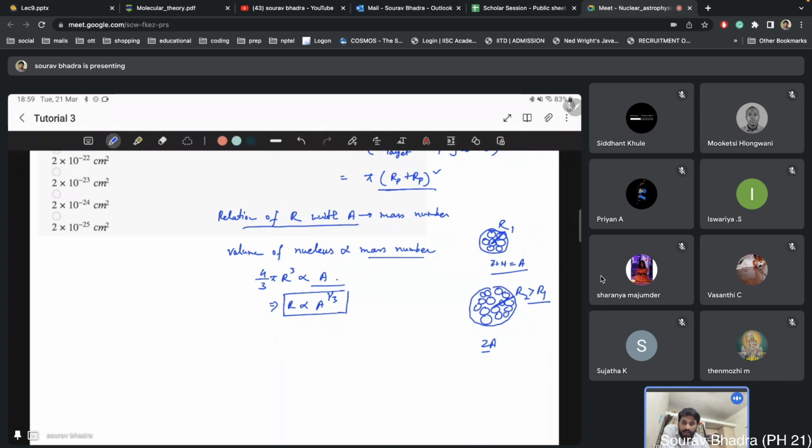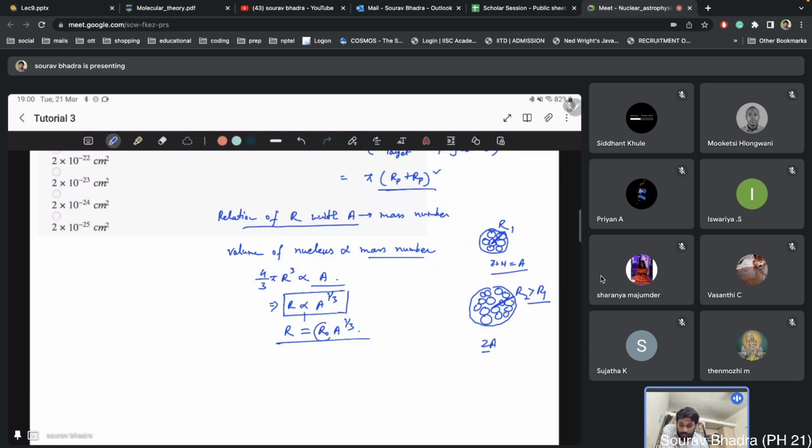Now here comes the r0. If you try to convert a proportional relation to an equation, that means instead of proportionality we want to use the equals sign, then there will be a constant. Every time you do it in mathematics, r equals r0 A to the power 1/3.